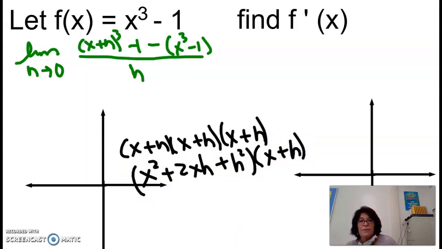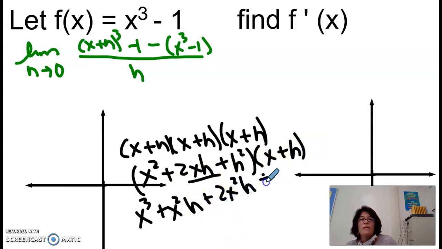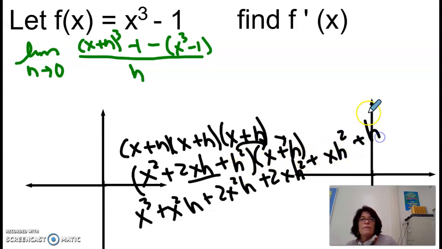That's x plus h times x plus h, but I have to multiply that again by another x plus h. So to do that, I take x squared times each term. That gives me x cubed plus x squared h. And then I take 2xh times each term. That gives me 2x squared h plus 2xh squared. And then I take h squared times each term. That gives me an xh squared, or h squared x, however you want to write it, plus h cubed.